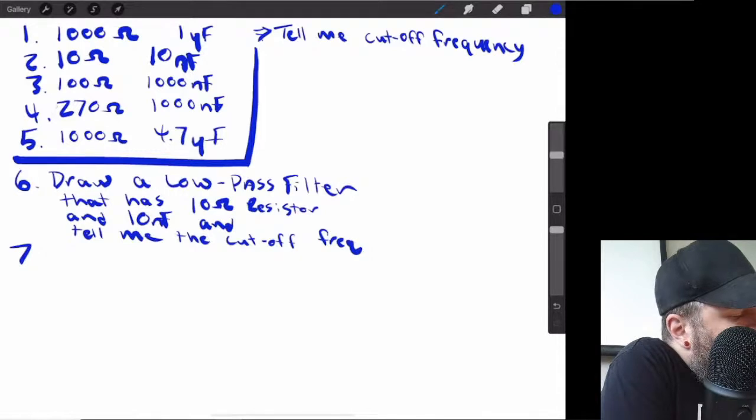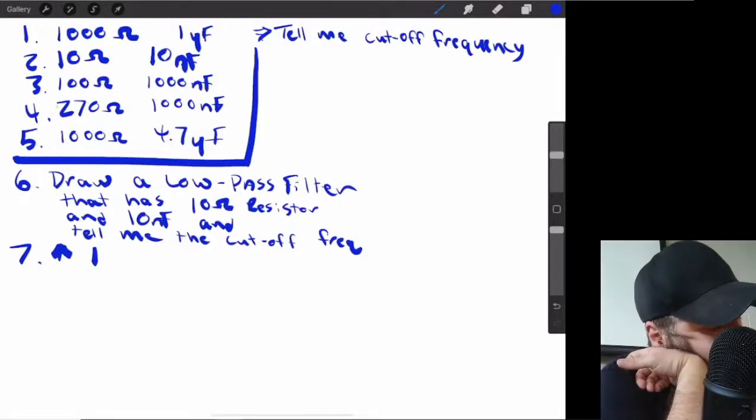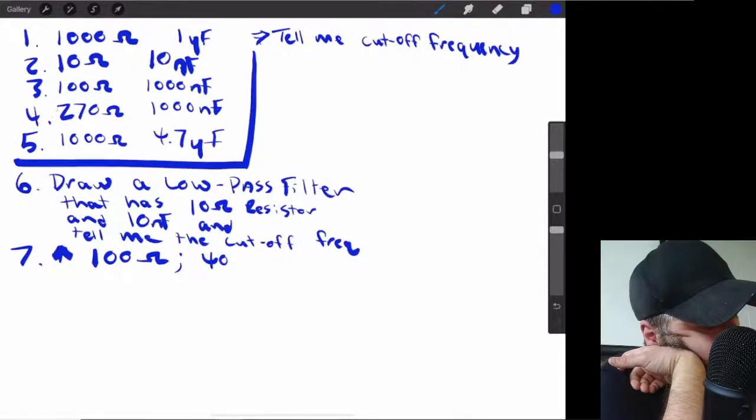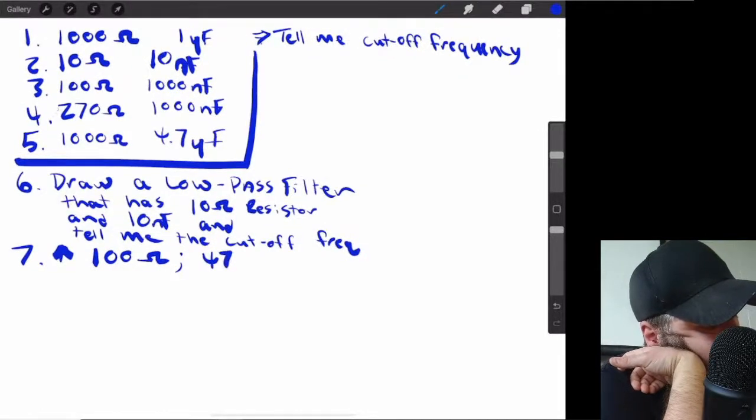Number 7, same as what's up there, but it's going to have 100 ohm and a 470 microfarad cap.